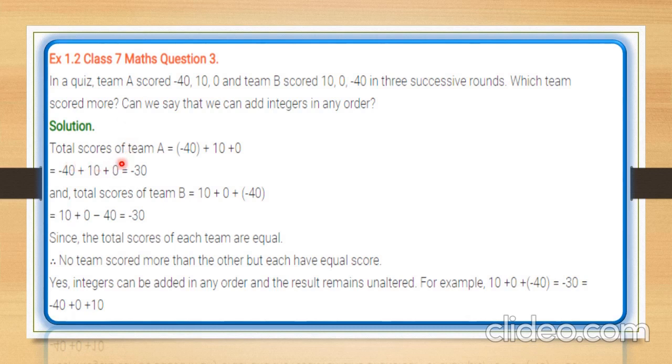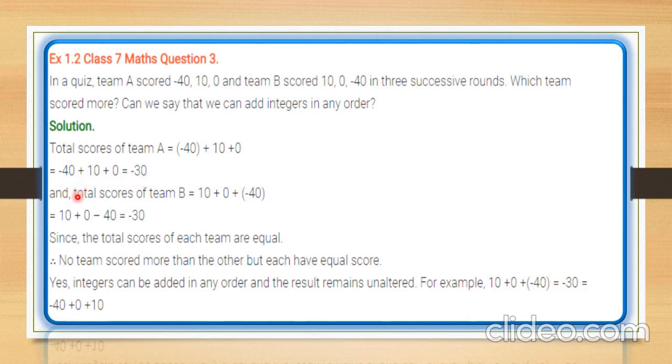We have to add all these 3. So minus 40 plus 10 plus 0. Here minus 40 plus 10, from these two we get minus 30. 1 plus 1 minus, so subtract and put minus sign. So it becomes minus 30 plus 0. So answer is minus 30.